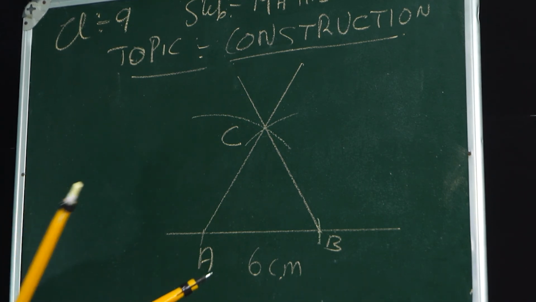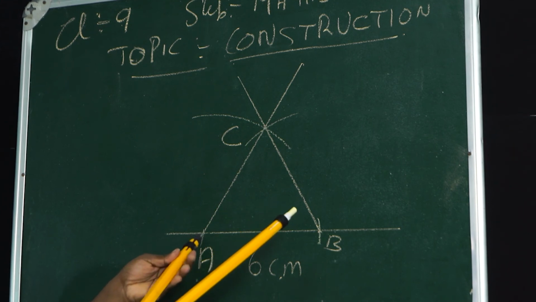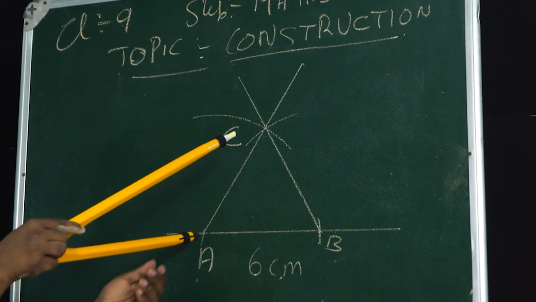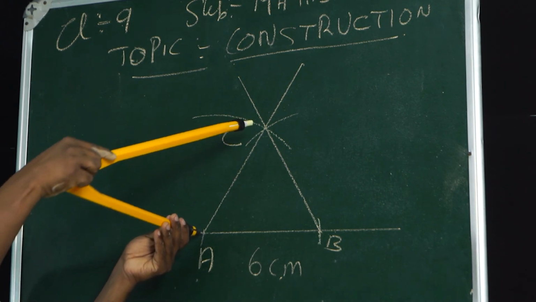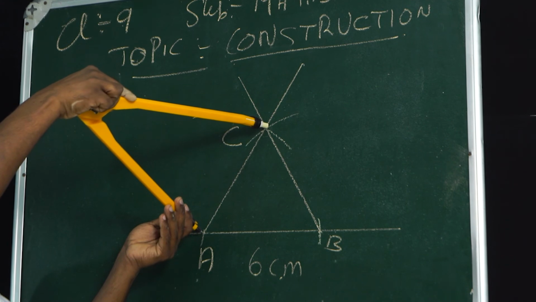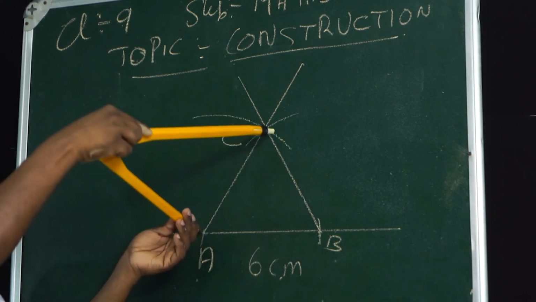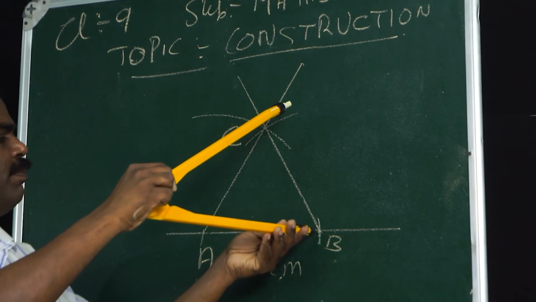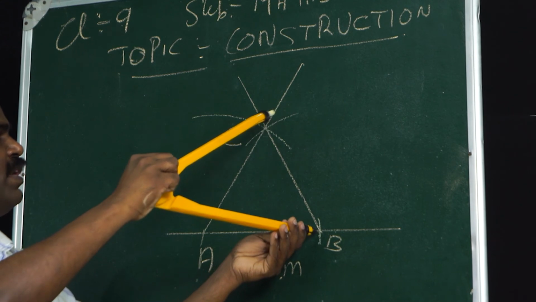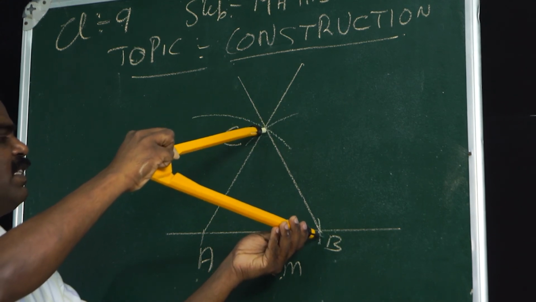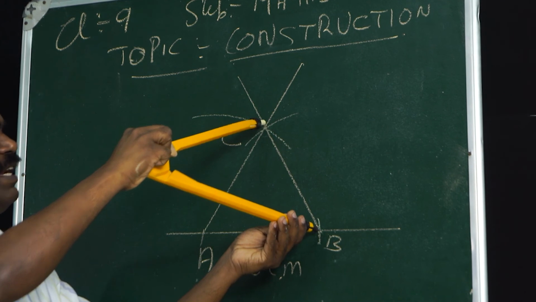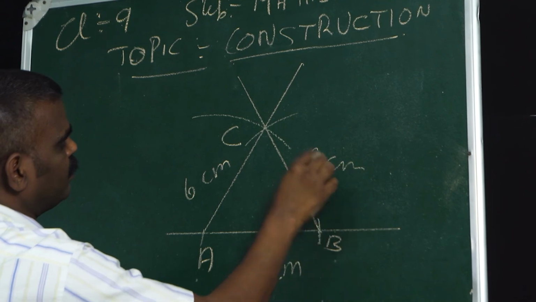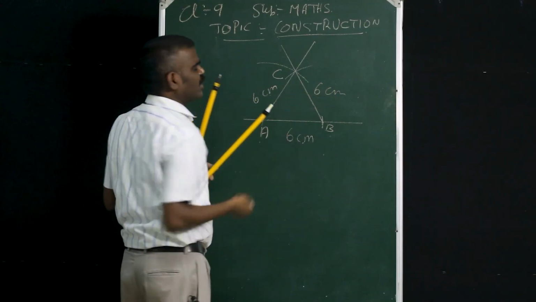Let us see whether they are equal or not. AB is 6 centimeters, right? Keep the compass at point A, lift the pencil to C, and see whether it touches or not. Yes, touching. AB is 6 centimeters, then AC also is 6 centimeters. Understood? Without changing, keep the compass at B, touch the pencil to C. Yes, touching, right? So all the sides are equal, 6 centimeters. So it is an equilateral triangle.